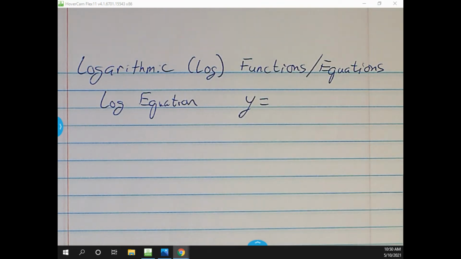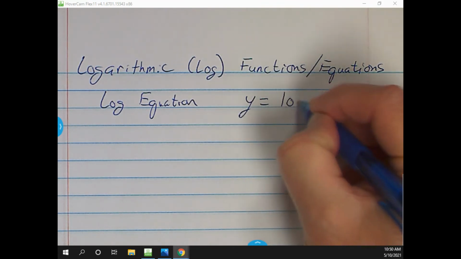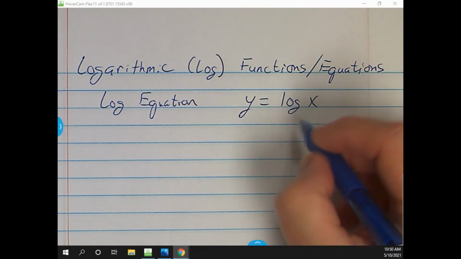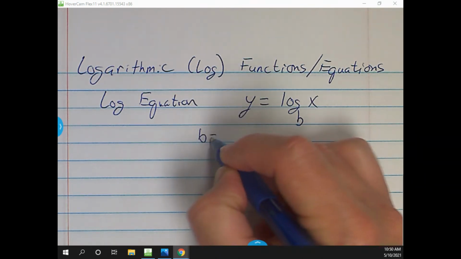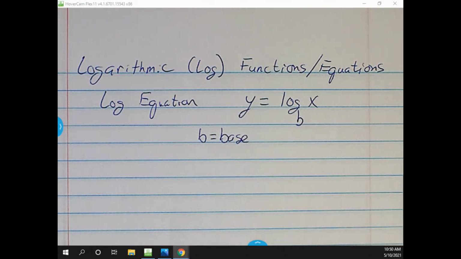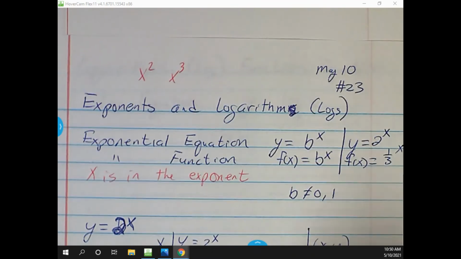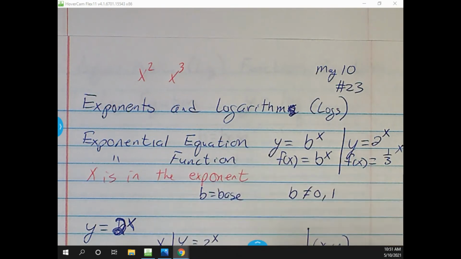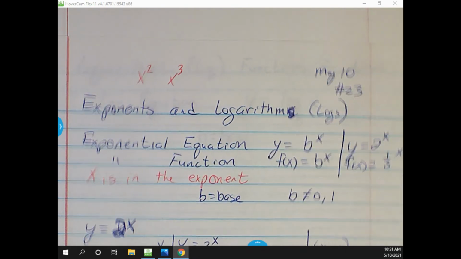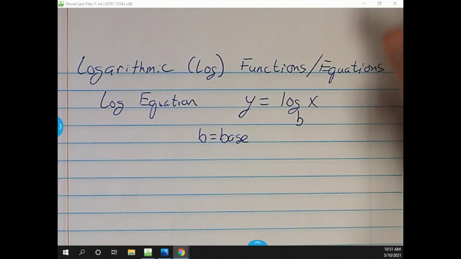We'll say it's y equals log of x, and they're going to put the base down here. Okay. And b is equal to the base, just like when we're doing the exponential functions back here, that b was equal to the base. Okay, so that's the one thing that they have in common, is that they both have the bases. Here's the connection for these.